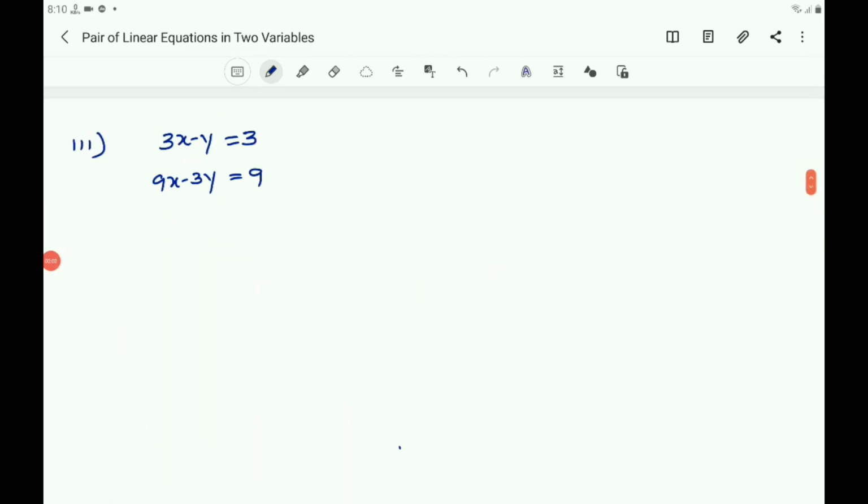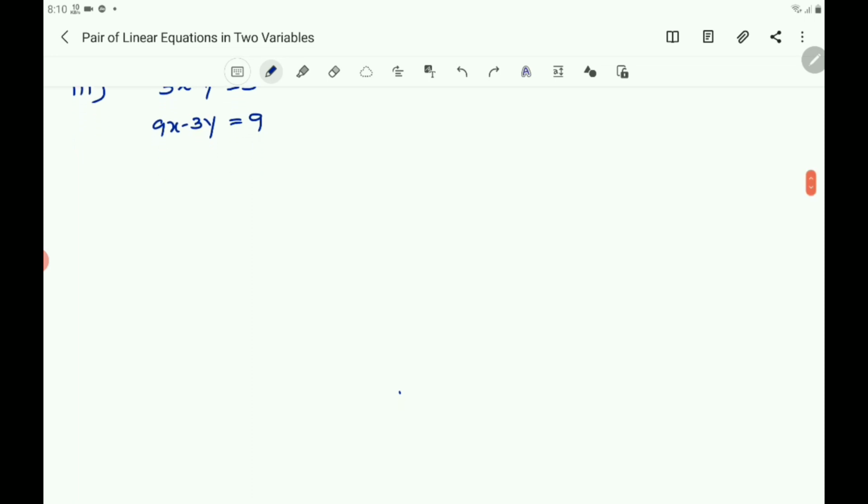Now you take the third one: 3x minus y equals 3, 9x minus 3y equals 9. Then you write the equation once again here. Write the solution.